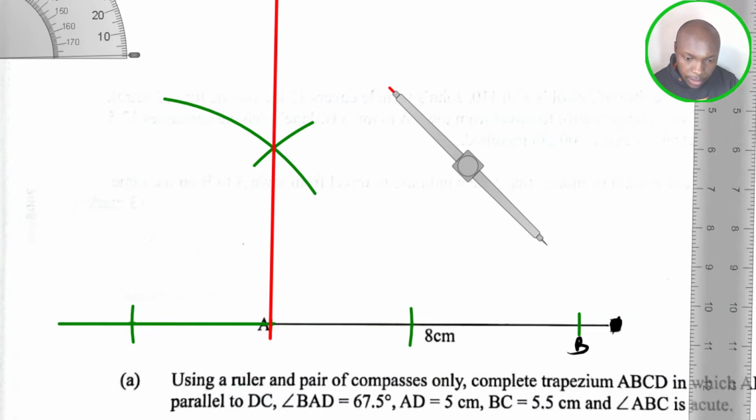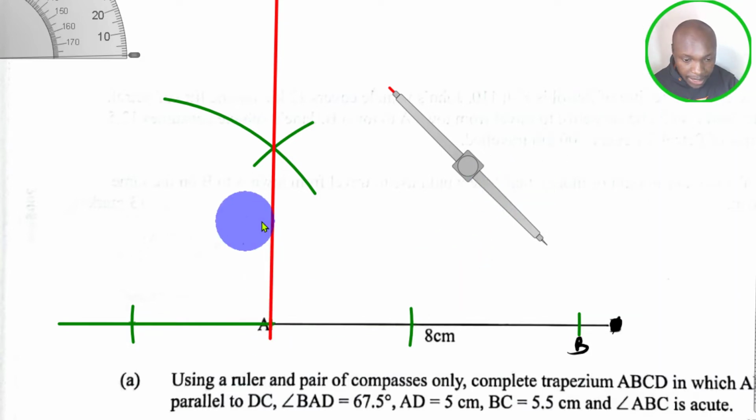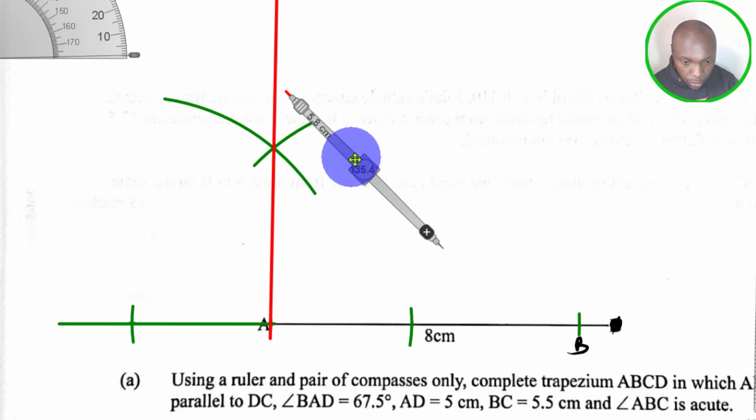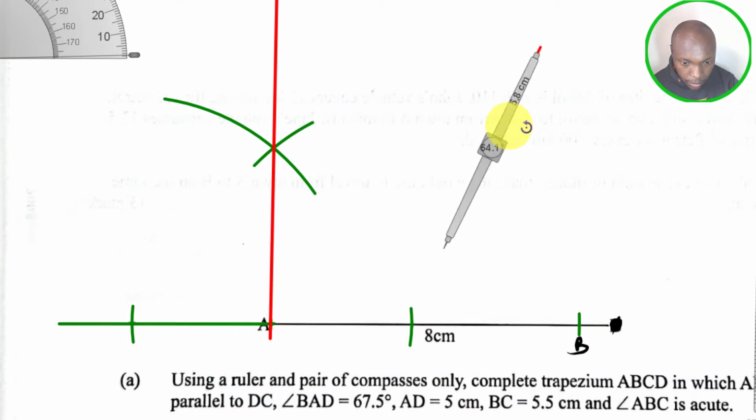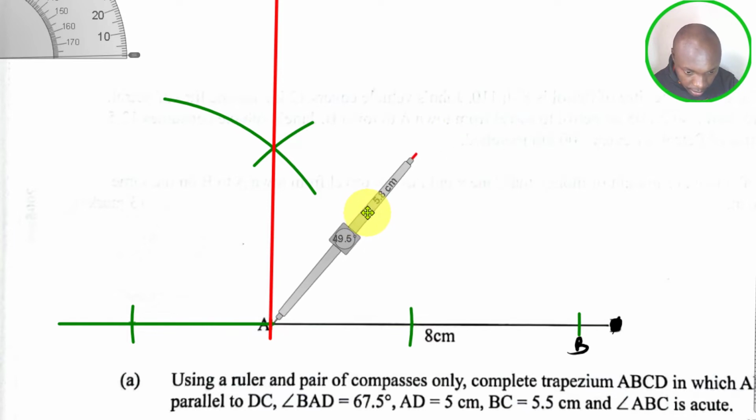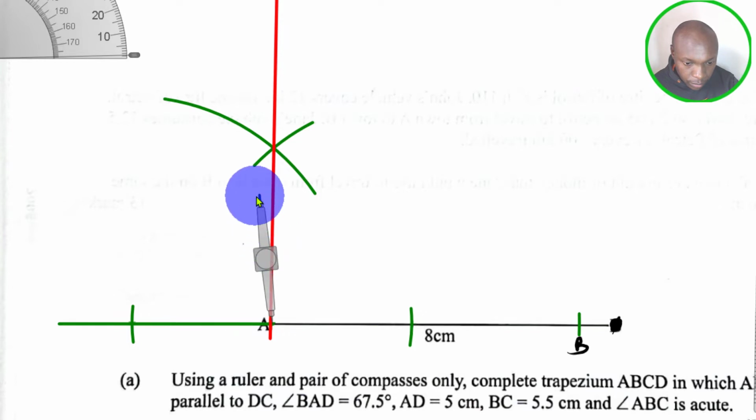Now having 90 degrees, the other thing I'll do, I'll bisect these 90 degrees, dividing it into 2. Let me take a pair of compasses. To bisect that angle, I will stand there at A, and then I open the radius there, and then let me mark an arc there.